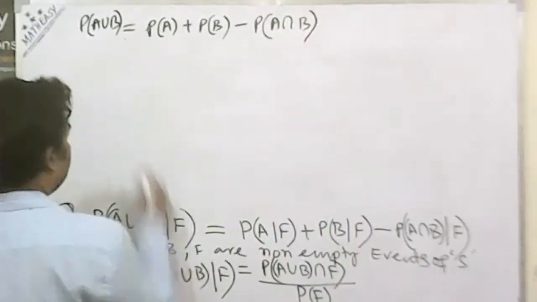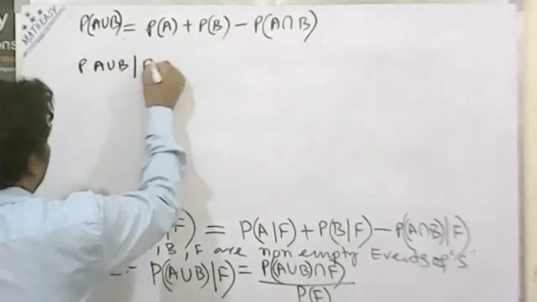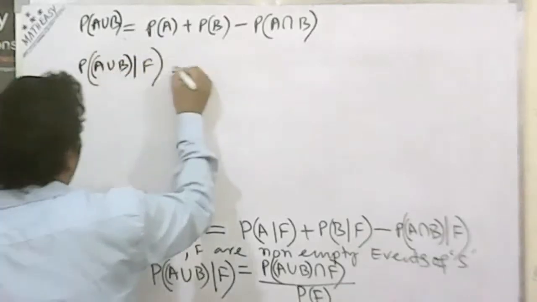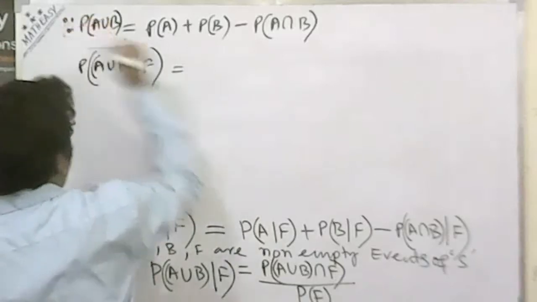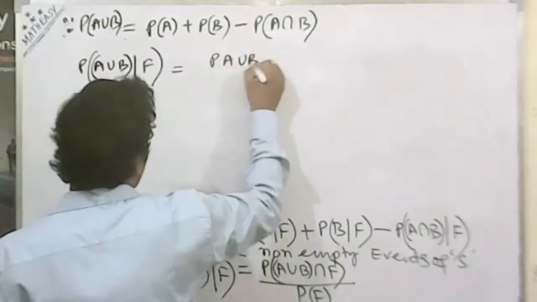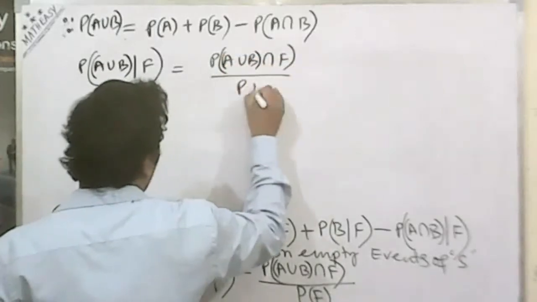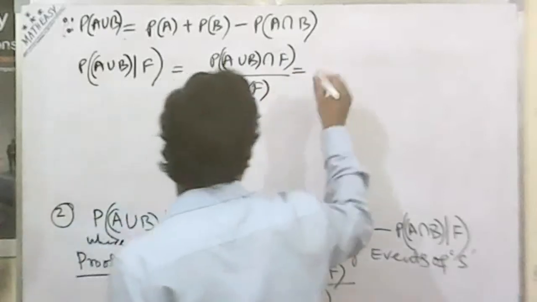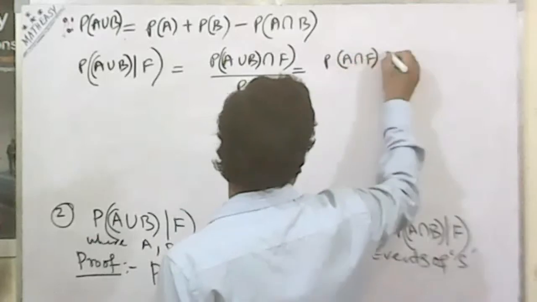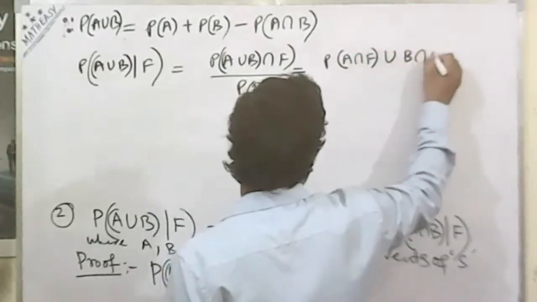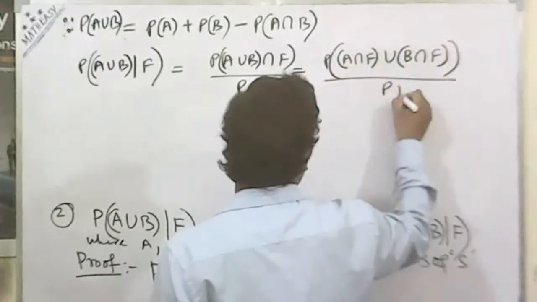So probability of A union B conditioned on F is equal to probability of A union B intersection F by probability of F. It means by the distribution law, A intersection F union B intersection F, whole divided by probability of F.